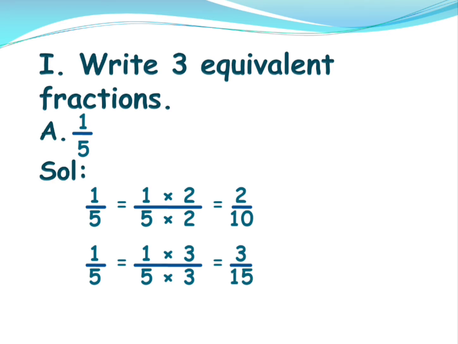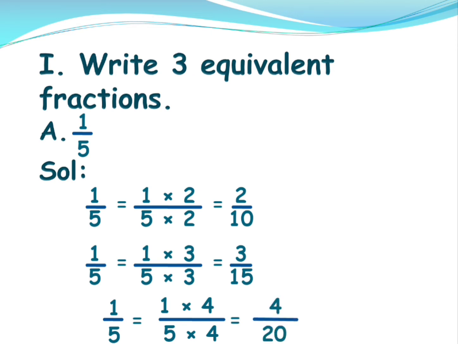Now the third one, 1 by 5 is equal to 1 into 4 by 5 into 4. 1 fours are 4 and 5 fours are 20. So 4 by 20. So these are the three equivalent fractions.